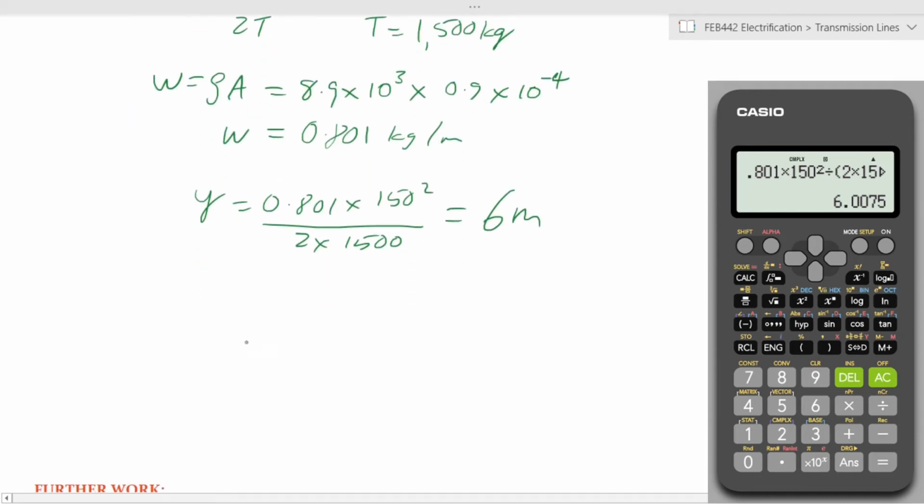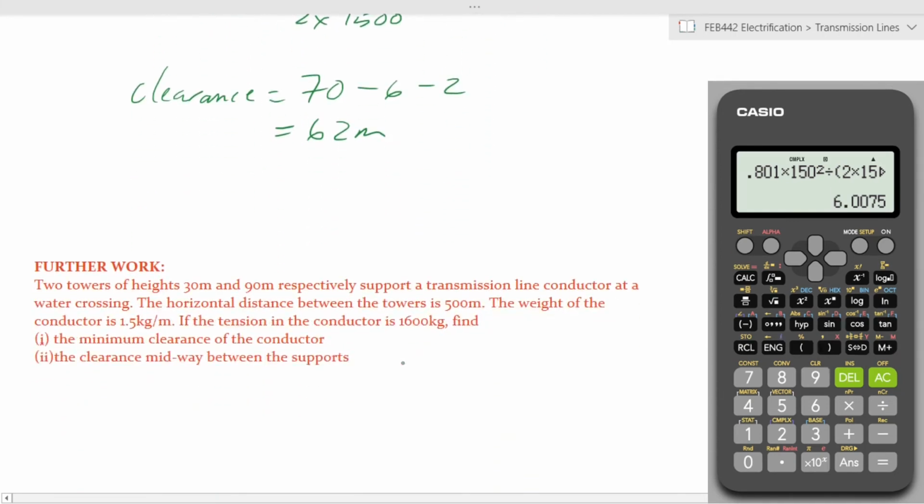So we can now get the clearance. Clearance equals the total height 70 minus 6 meters of sag minus 2 meters of suspension, which gives us 62 meters. So have a look at further work. Further work will look at towers with heights that are different from each other, so 30 meters and 90 meters.